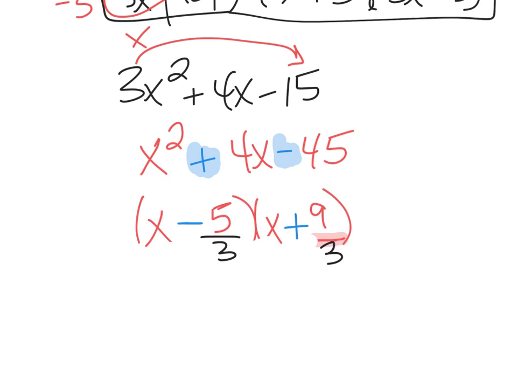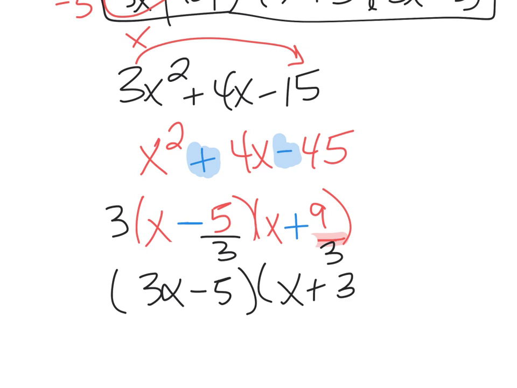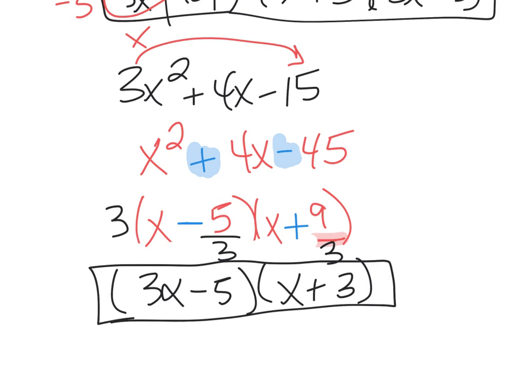So I'm going to get rid of this 3 in this first factor by multiplying this by 3. So that's going to give me 3x minus 5, and this divides to an integer. So there you go, 3x minus 5, x plus 3.